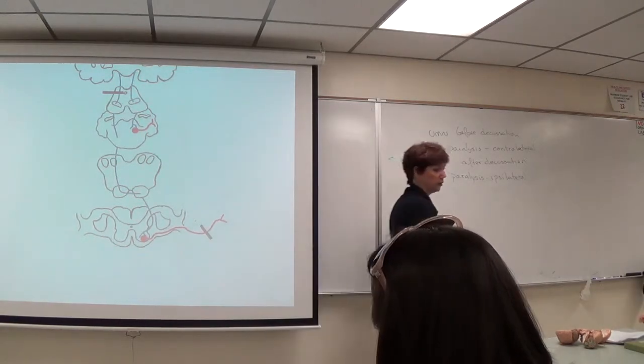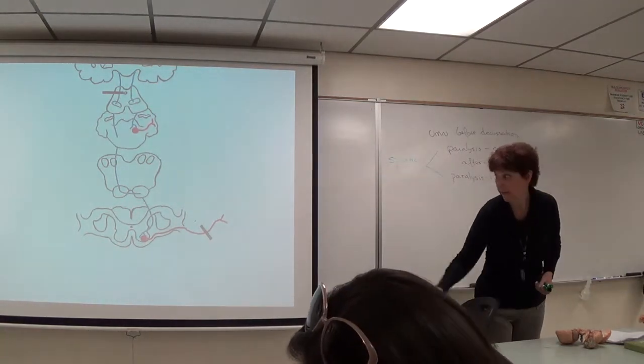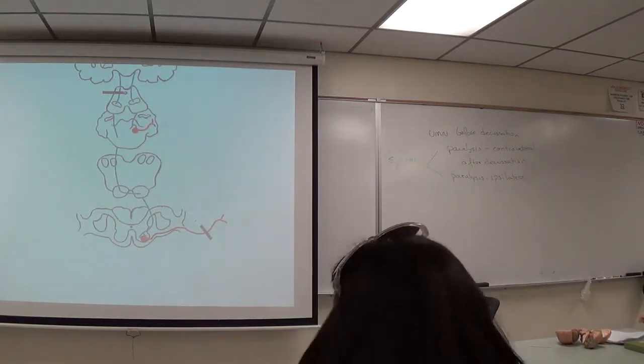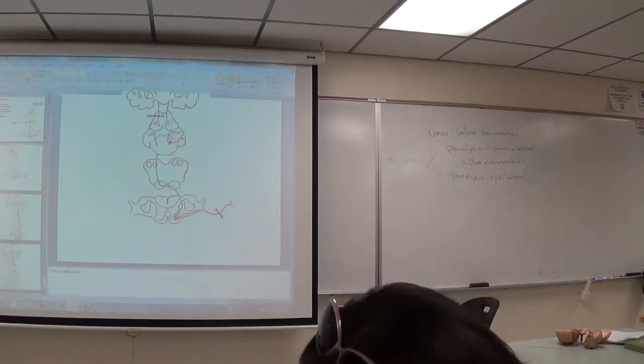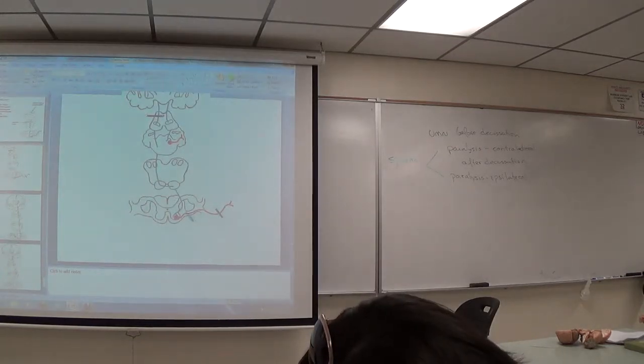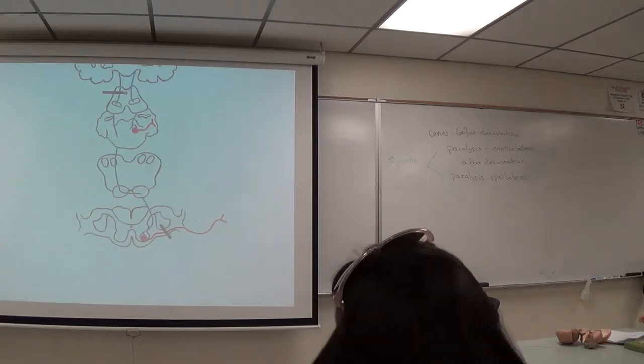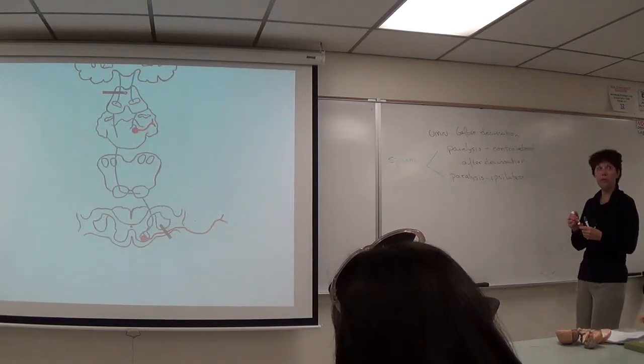Now what about my lower motor neurons? If I cut my lower motor neuron, either out there, which would involve losing sensory function, or we cut the ventral root. So that's the lower motor neuron. Does the lower motor neuron cross?